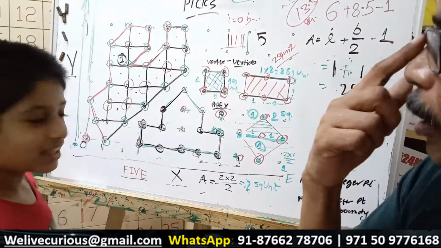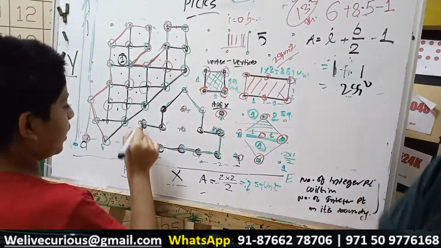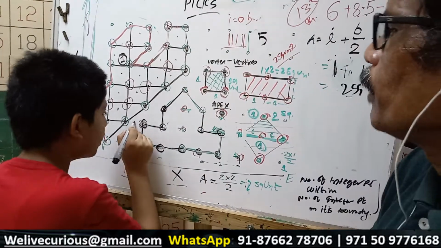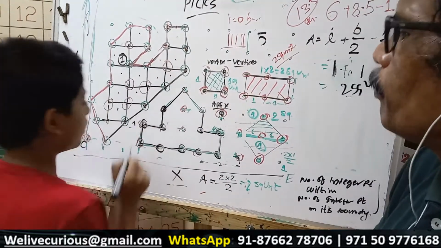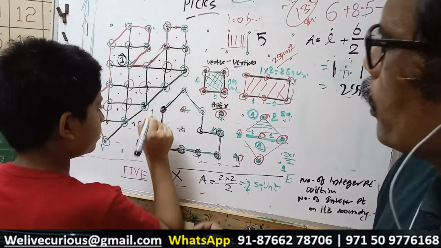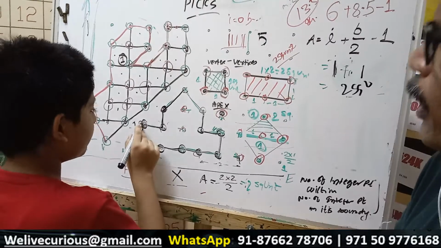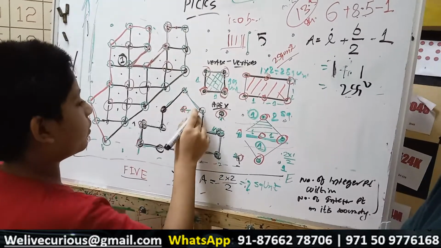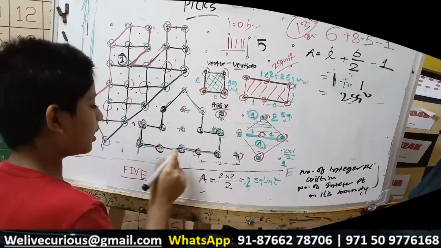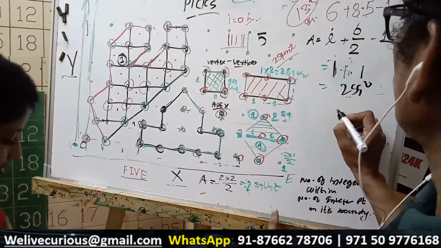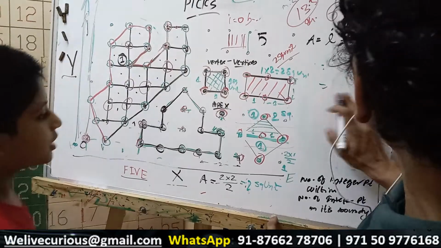Okay, calculate border points. 1, 2, 3. When you start, write 1 here because you may end up missing it. No need, just writing 1 is enough. I think so. If you have any other way, you can apply. 2, 3, 4, 5, 6, 7, 8, 9, 10, 11, 12. Make it half, take away 1.